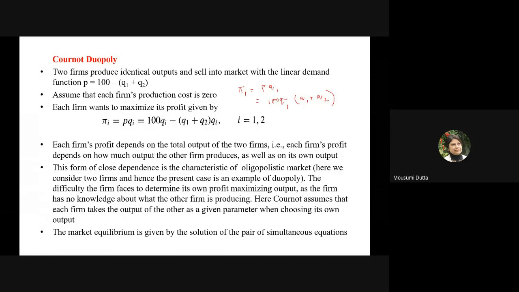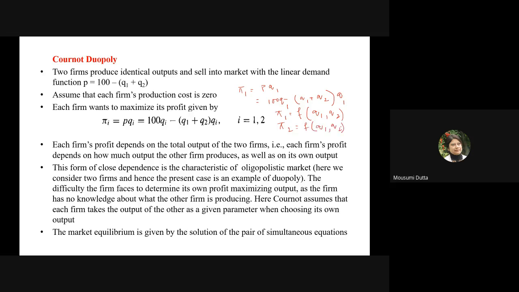So when I'm multiplying it with Q1, I'm getting this one. So pi 1 is a function of both Q1 and Q2. Similarly, pi 2 will also be a function of both Q1 and Q2.